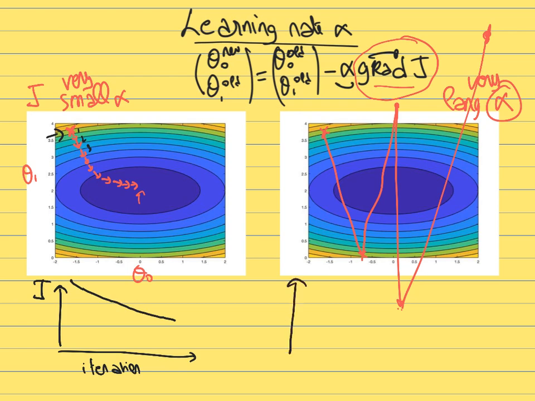If you plot again the evolution of the cost function as a function of the iteration number, initially you start at the same value as the one that you had in the previous case, but in this case, because your learning rate is too high, you move too much and you miss the minimum, so your cost function can actually increase and diverge.